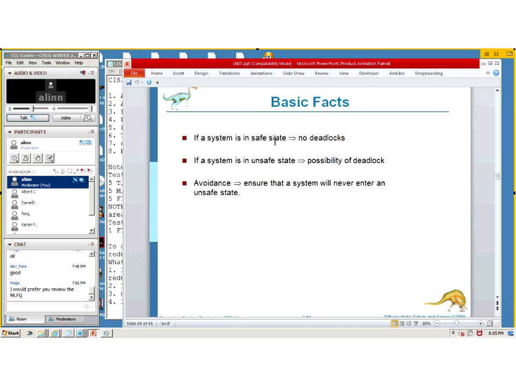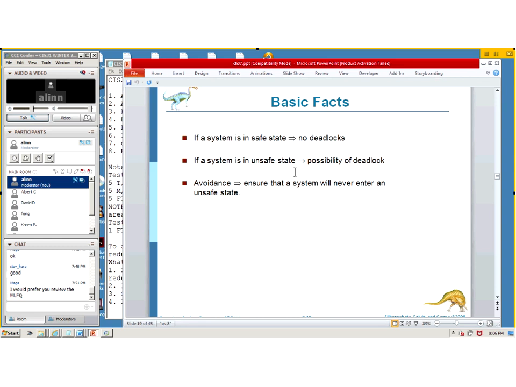All right? So, if a system is in a safe state, it guarantees there's no deadlocks. If a system is in an unsafe state, it doesn't mean it's deadlocked. It means there might be a possibility of deadlock. So if you're trying to stay in a safe state, you run your avoidance algorithm to see if an allocation request is going to move you from the safe state to the unsafe state.